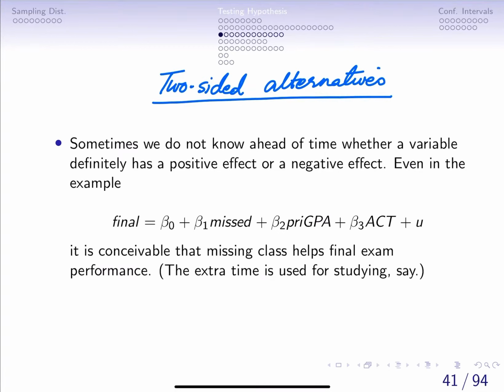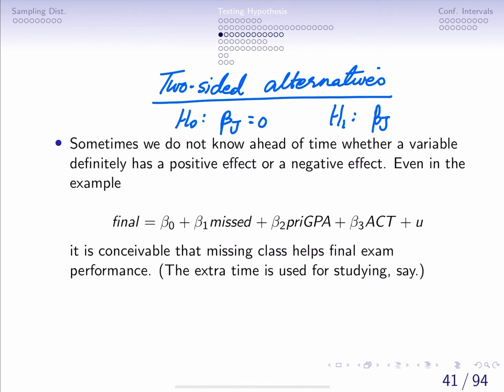In this video, we'll talk about two-sided alternatives. Two-sided alternatives are more common in empirical applications than one-sided alternatives. Under two-sided alternatives, if we set up the null, which says beta j is equal to 0, capturing the effect that xj has on y in the population, the alternative takes an agnostic view about the sign or the effect of beta j, whether it's positive or negative.